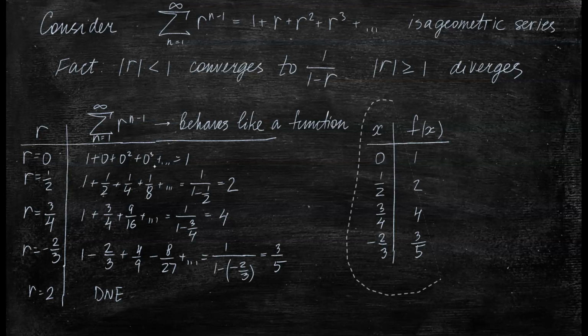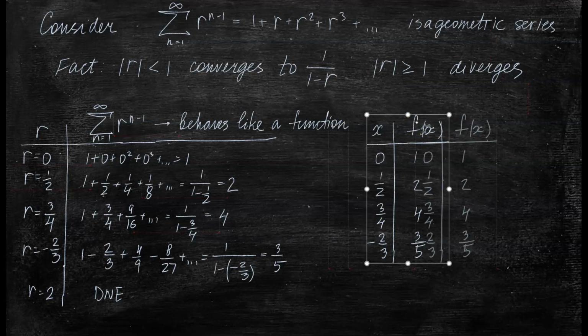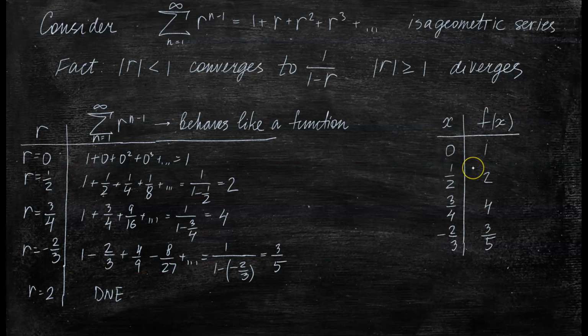And it behaves kind of like this function, right? For which we produced this table of inputs and outputs, and for more inputs, we can definitely figure out more outputs. So the first observation, which is very important, is that a geometric series with some generic common ratio r behaves like a function depending on different values of r.